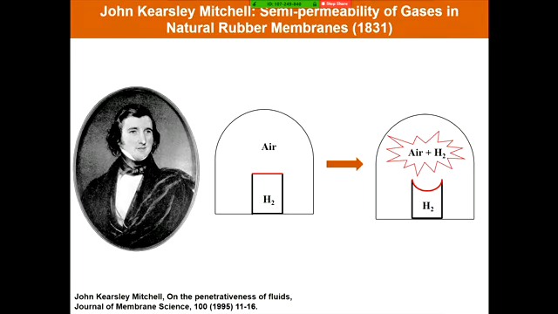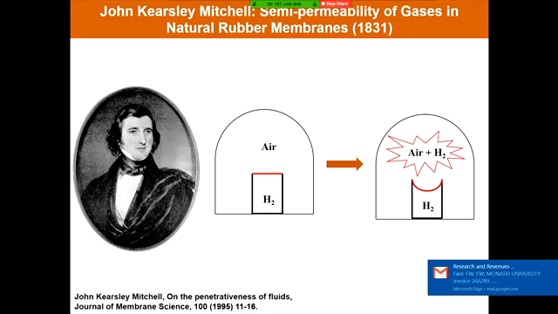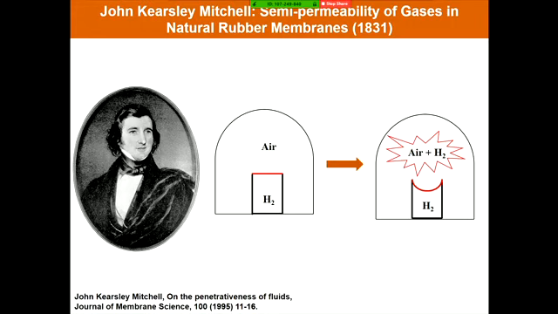Another example of membrane permeation properties from the early days of the field comes from John Mitchell's laboratory. He was a medical doctor in Philadelphia and was also experimenting with transport of various gases through natural rubber membranes.